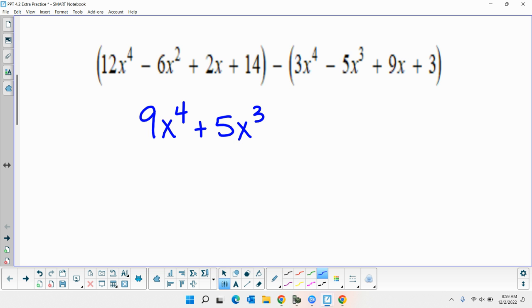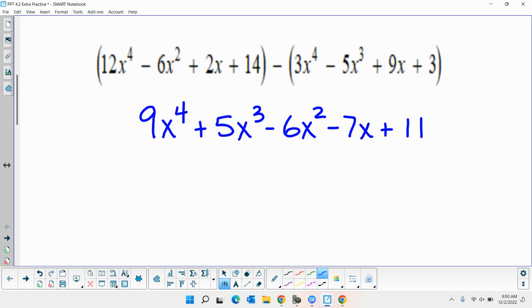Negative 6x squared minus nothing is negative 6x squared. 2x minus 9x is negative 7x. 14 minus 3 is 11. Questions? Just remember, minus a negative is addition.